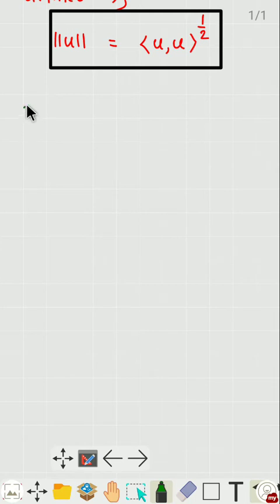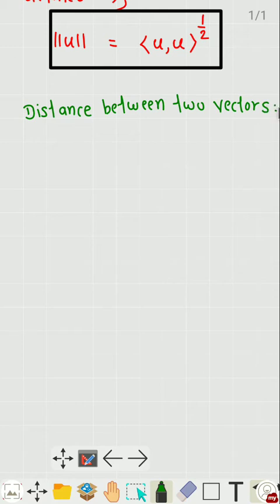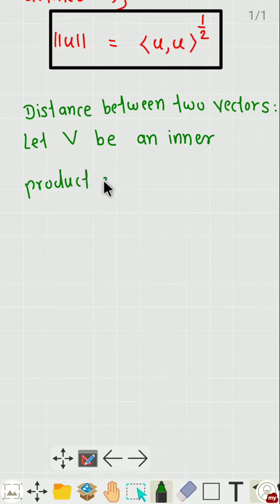Let capital V be an inner product space.